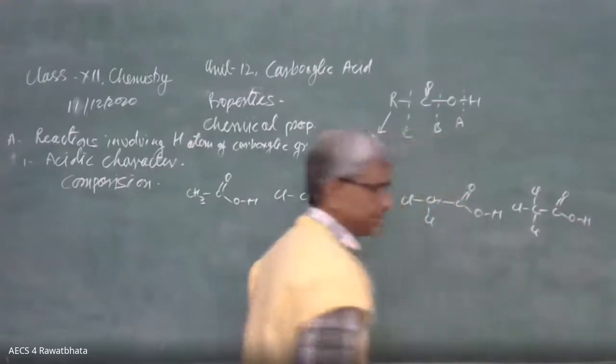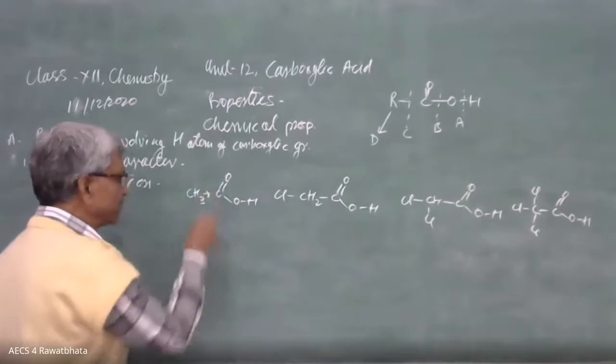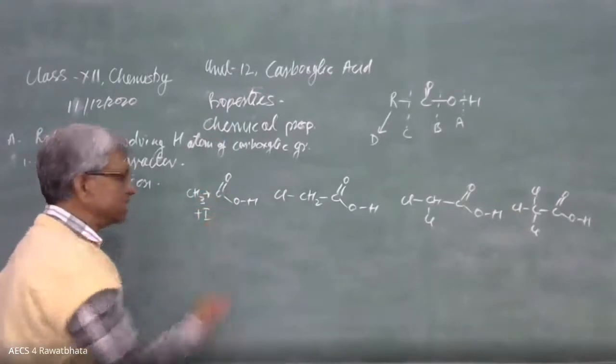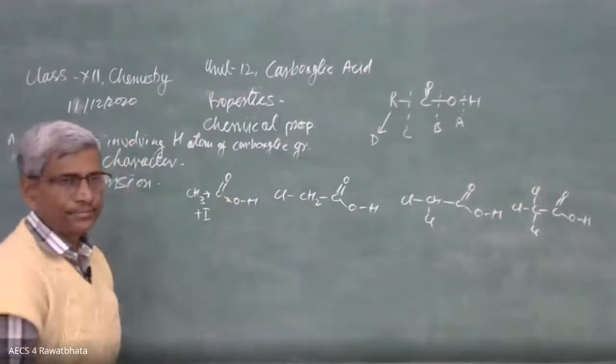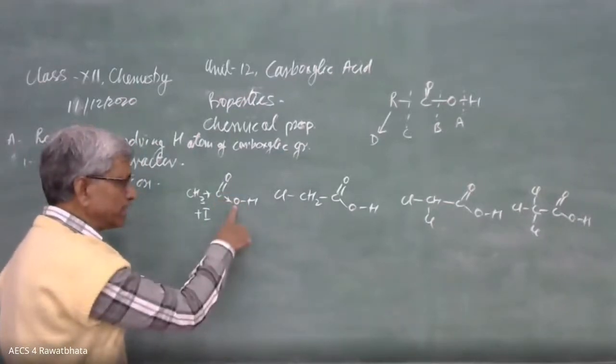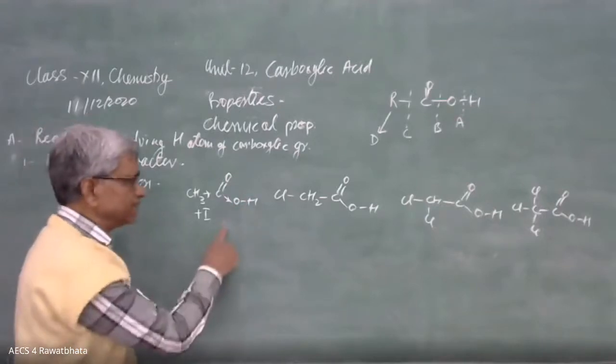These are the compounds. In this case, CH3 exhibits plus I effect, electron releasing inductive effect, which increases electron density over oxygen. That's why electron density is more here and release of hydrogen is slightly difficult from acetic acid.